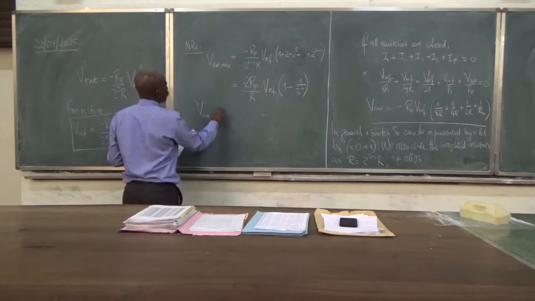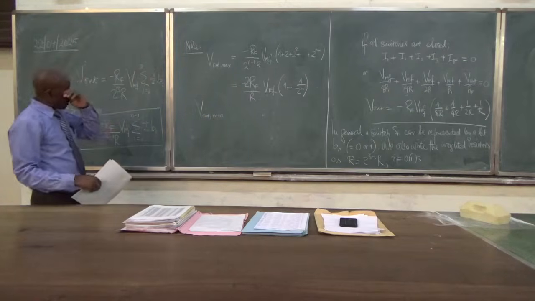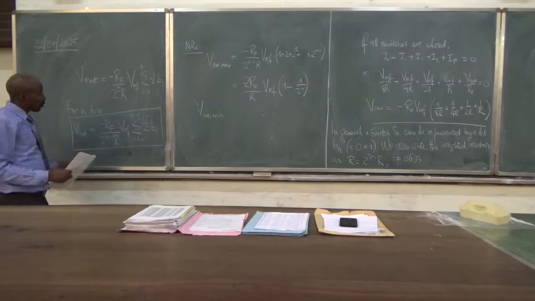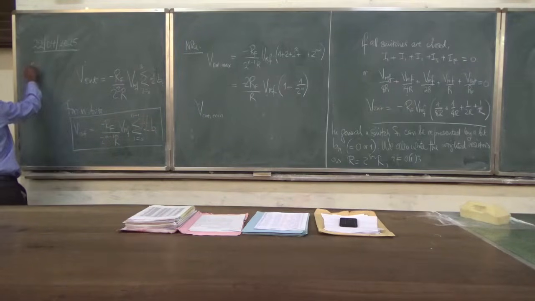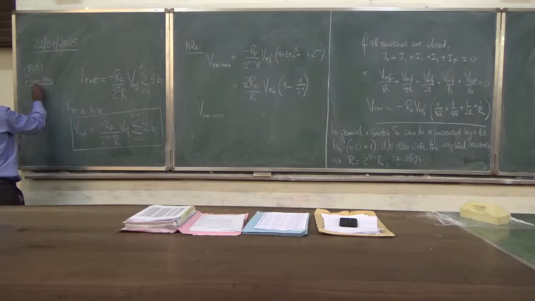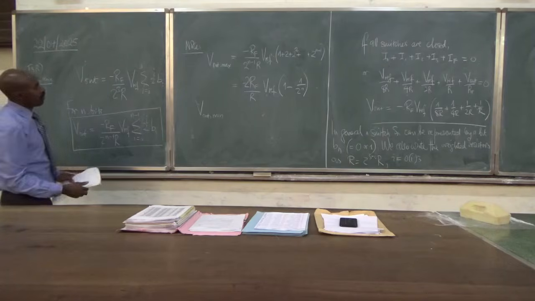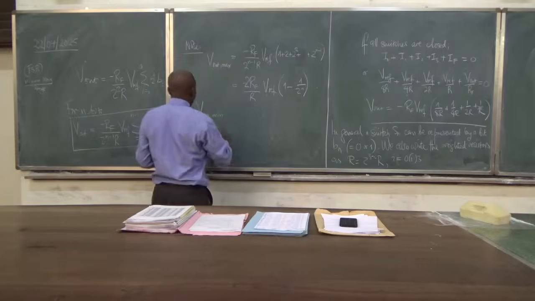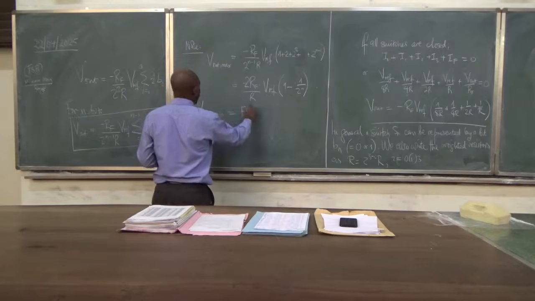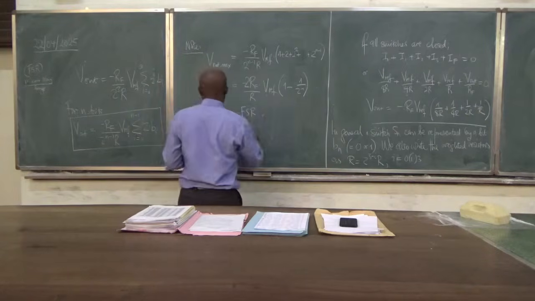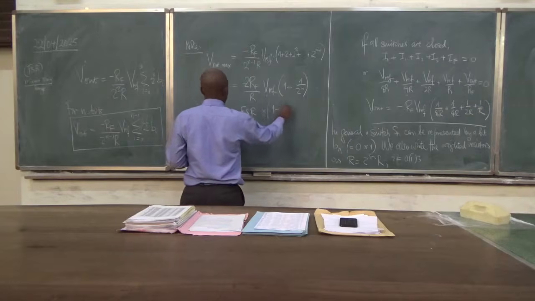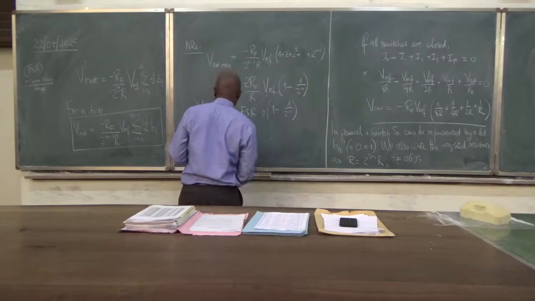The reason I'm talking about minimum and maximum: when we are converting and we want to have what we call the full scale range, we need to know the minimum and the maximum so that we get the range in between. So the V out maximum is the same as the full scale range times 1 minus 1 over 2 to the power n.